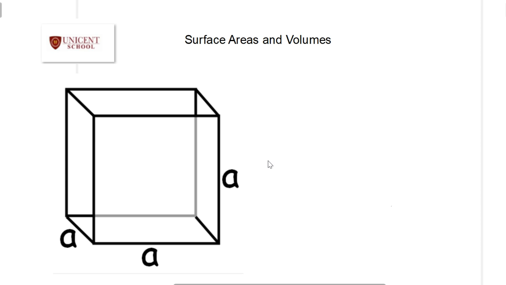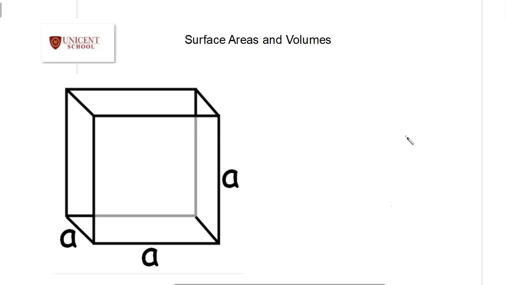So we can say that it is formed by 6 square faces, and it has 8 vertices. At the top we have 4 and at the bottom we have 4. And it has 12 edges. On the top we have 4 and at the bottom we have 4, and here we take these 2, because these 2 are not counted, and this side 2. So in total we have 12 edges.